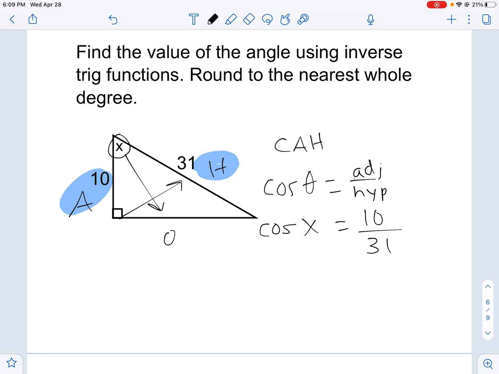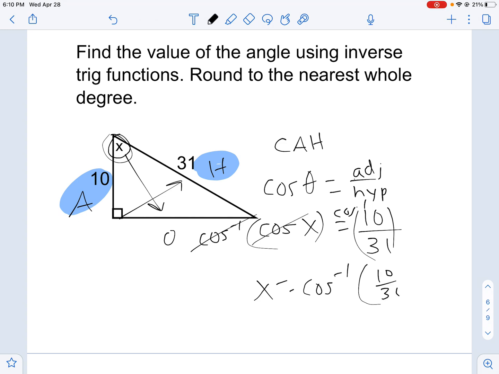Our variable was inside, so we're going to use an inverse. But this time, we're going to use cosine inverse. So we get x equals cosine inverse of 10 over 31. I'm going to use a calculator this time. So second cosine, 10 divided by 31. And I ended up with 71.2. It's an angle, so degrees.